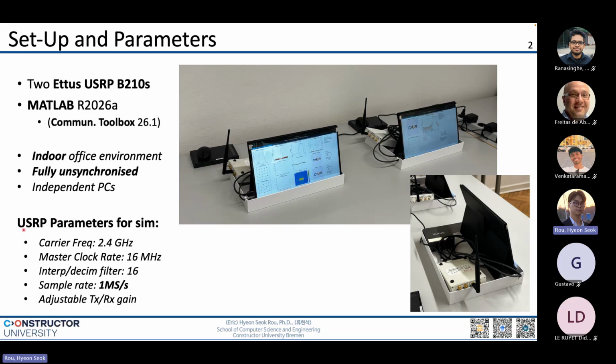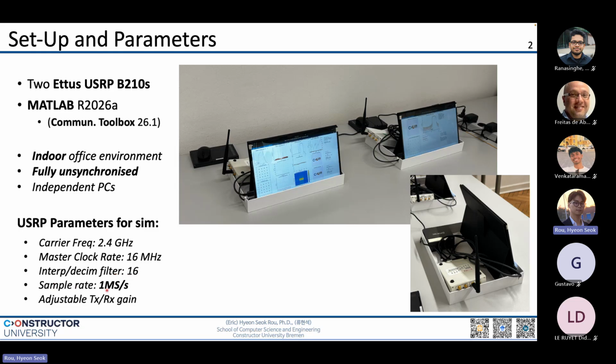And here are the parameters that I used for this setup specifically. Of course, this is tunable within the code, but I just wanted to start with not a very full-blown scenario, but just a carrier frequency of 2.4 gigahertz, a master clock rate of 16 megahertz, and then the up-conversion and down-conversion filters of 16 times.